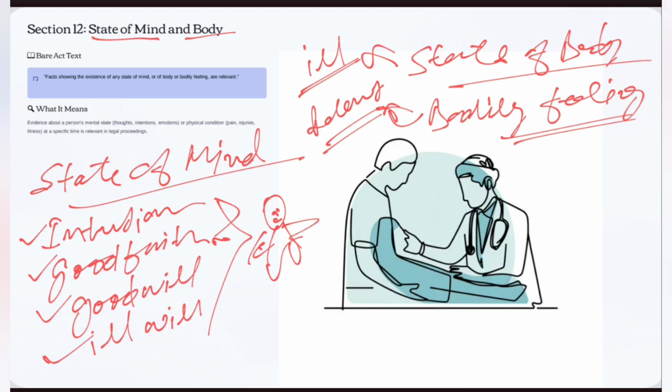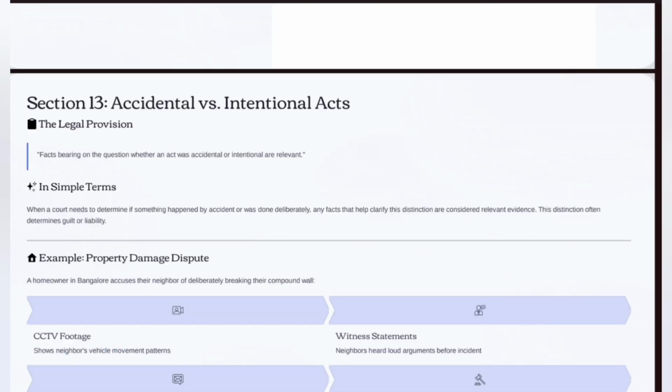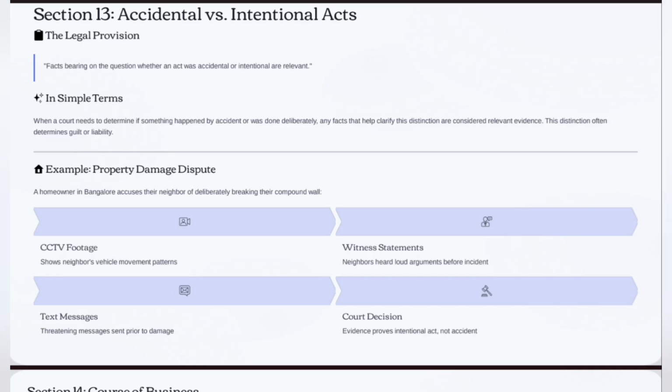Now let us move to the next section. Section 13 states that when the question is before the court whether some fact or act, suppose the act is murder or killing, is intentional or accidental, then any fact which will help the court in determining whether it is intentional or just accidental, without any intention or premeditation, is relevant.